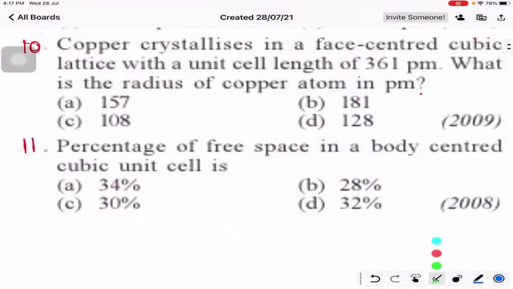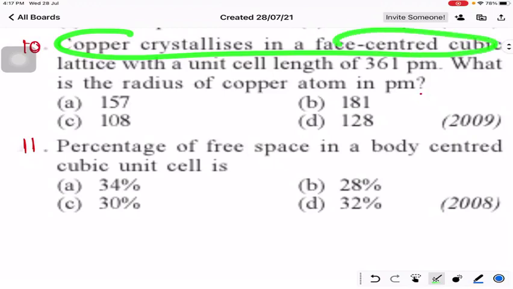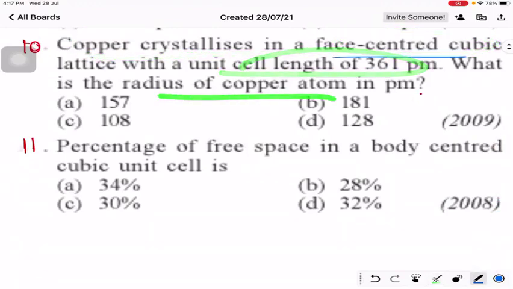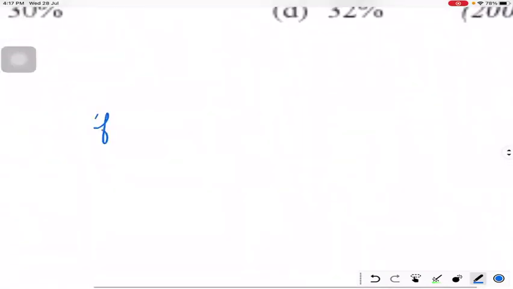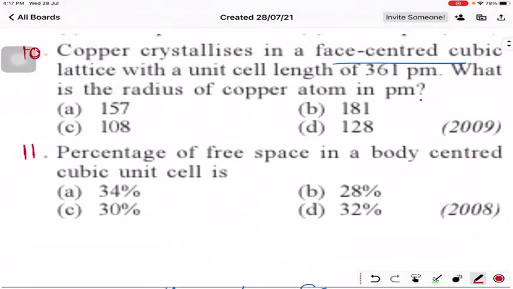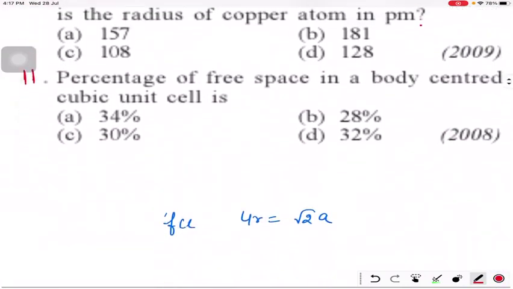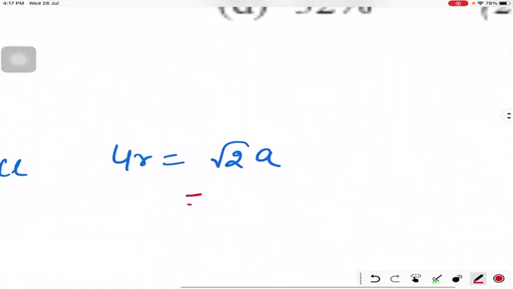10th question, copper crystallizes in FCC with cell length. What is radius? So it is FCC. For FCC, 4r is equal to root 2a. So a is given here, it is 361 picometer.